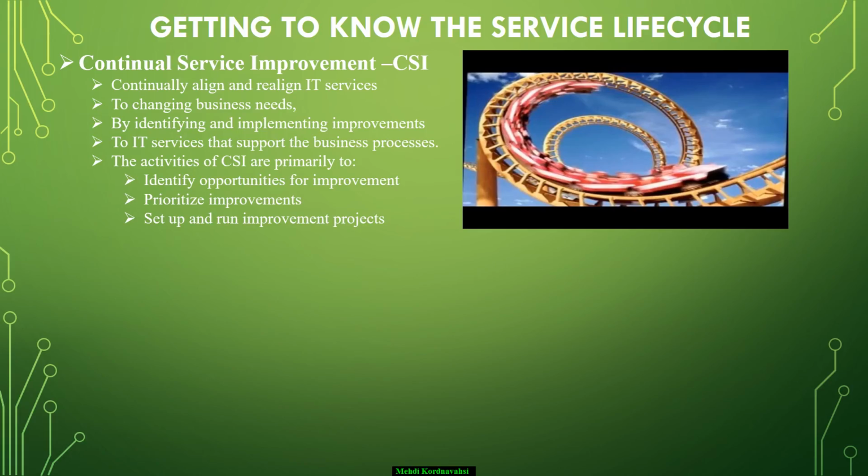ITIL refers to only one set of activities as a process, the 7-step process and approach of measuring a service or service management process, analyzing information and data about the service or process, and acting on the result.